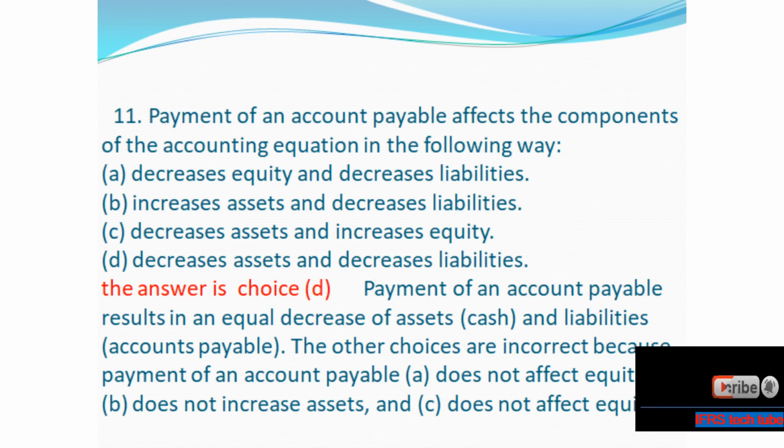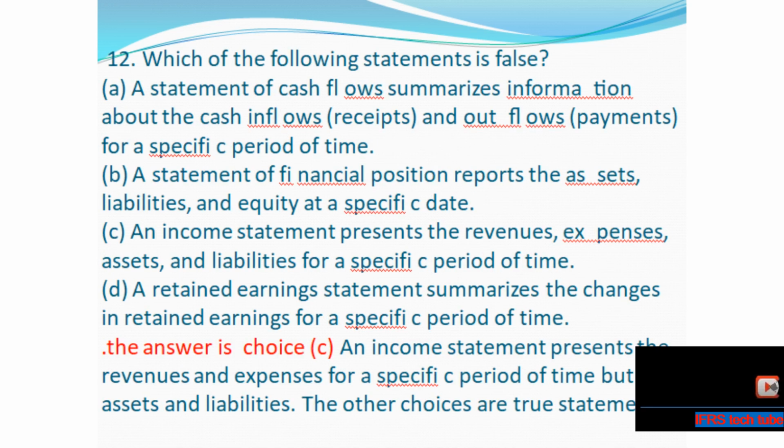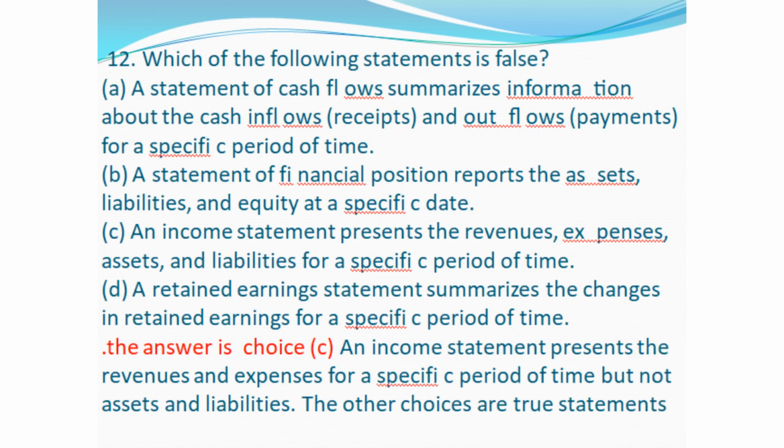12. Which of the following statements is false? A. A statement of cash flows summarizes information about the cash inflows, receipts, and outflows, payments, for a specified period of time. B. A statement of financial position reports the assets, liabilities, and equity at a specified date.